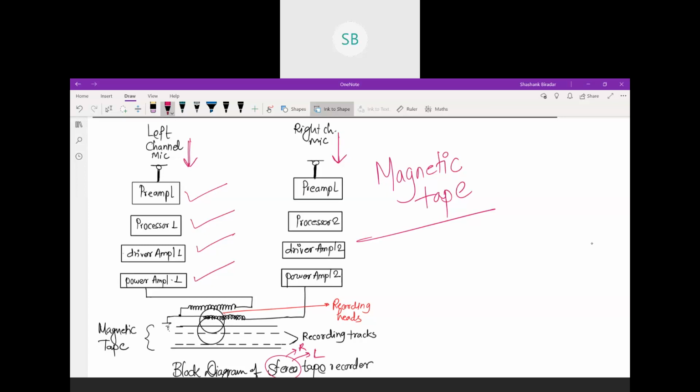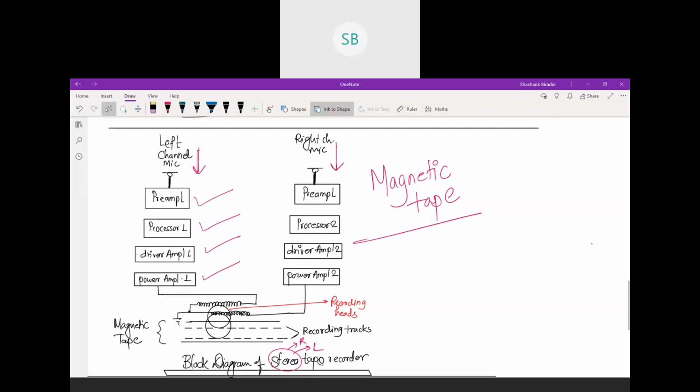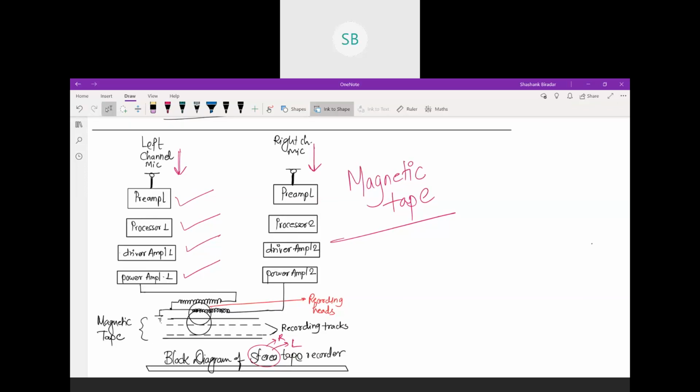The balance control potentiometer ensures that for equal inputs the output will be equal, right? And for the playback mode, the output of the playback head will be applied to the inputs of a normal stereo amplifier and the speaker system. So it is a very simple operation as far as stereophonic tape recording on magnetic tape is concerned.